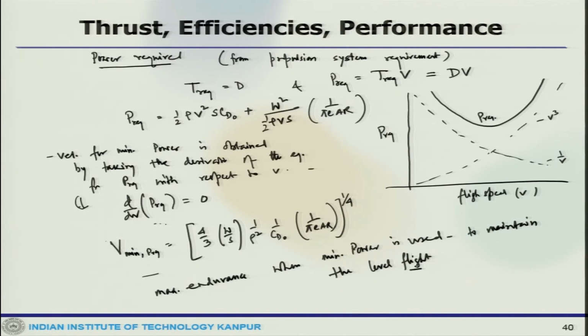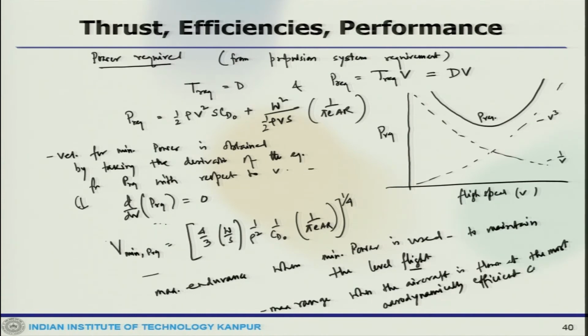And the maximum range, that is the distance travelled, will be obtained when the aircraft is flown at the most aerodynamically efficient condition. That is maximum C_L by C_D.